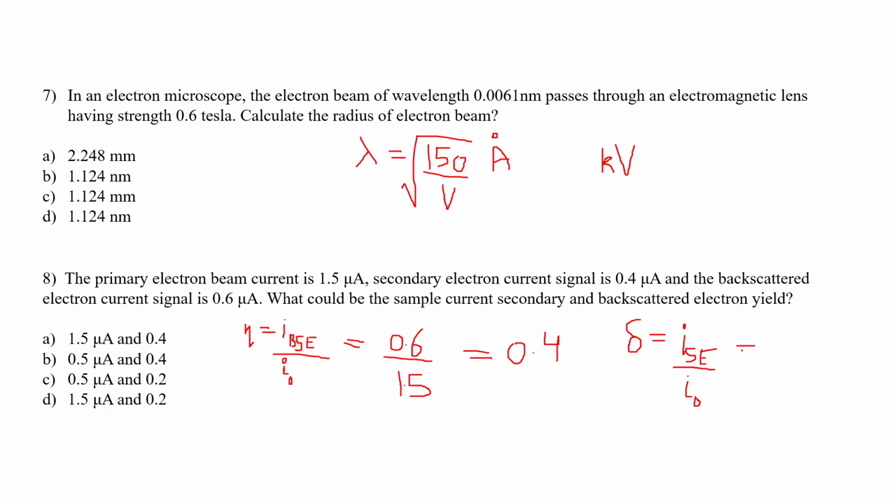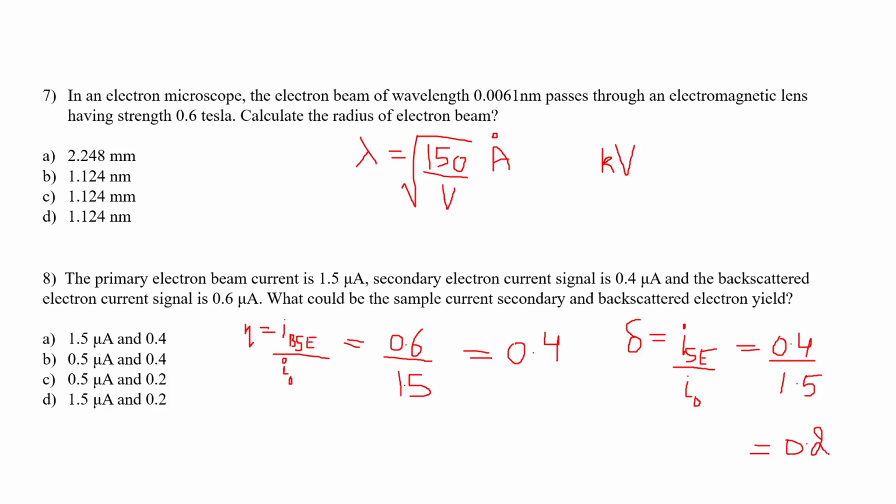So here it will be 0.4 divided by 1.5. Can anybody calculate and tell me? Yeah, it comes around 0.26, but there is no option as such of 0.26.